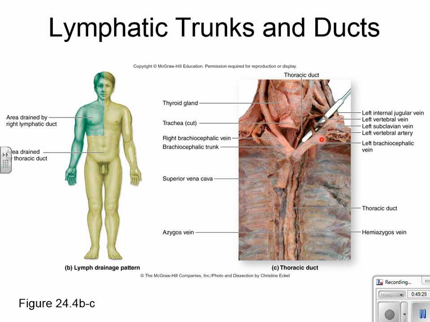The medullary cavity of bones, lung, liver. When you look at survival from cancer, if you get the cancer removed surgically before it gets into the lymphatic drainage, you are much, much more likely to have a good outcome.